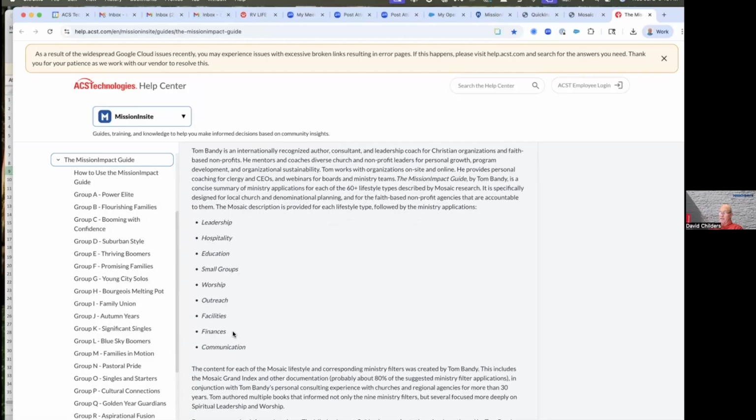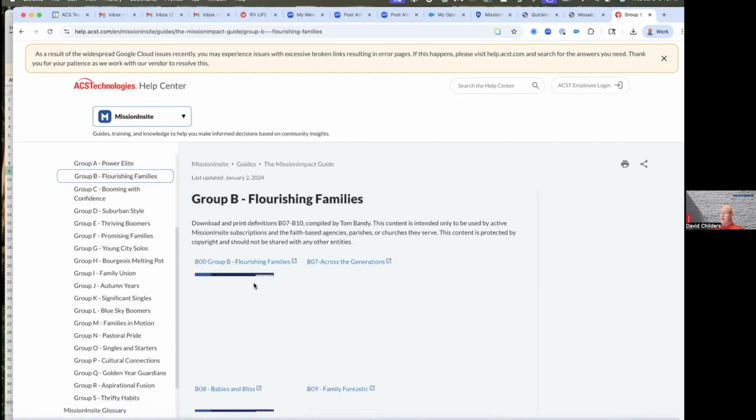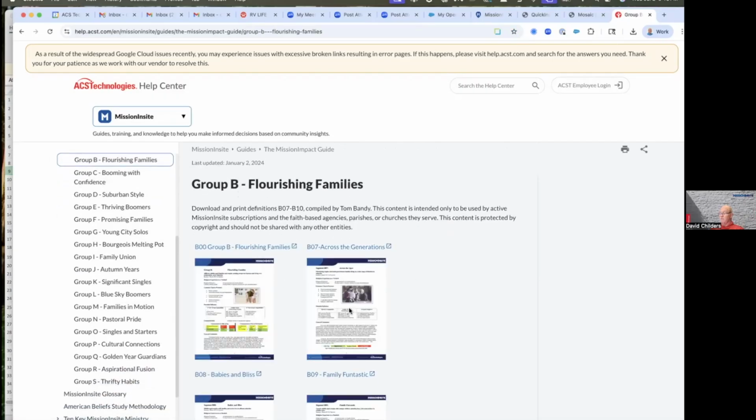How about their finances? What about their communication strategies? Now, you saw some of that from the Experian Mosaic report, but now I can go down and say, I need to read the information about the Bs, and specifically, I want to look at the BO7s. So Tom Bandy has provided us with a bit of information about each one of those.